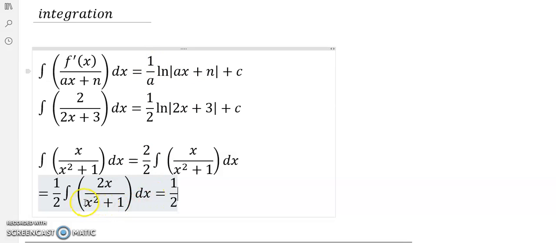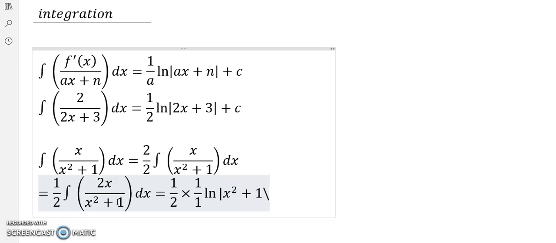In our case, a is nothing but 1, so we're gonna get times 1 over the value of a, which is 1, ln the absolute value of x squared plus 1, plus the constant c.